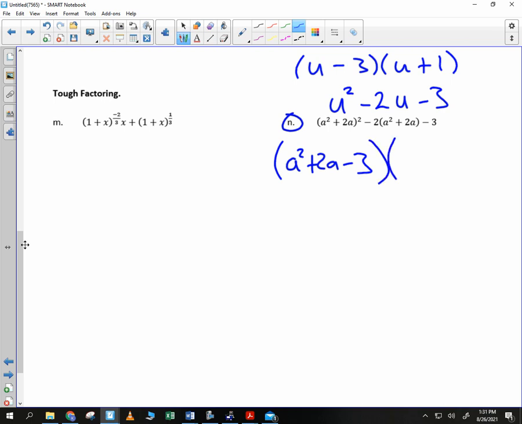Times what now? Good. Okay, hold on. Let me show you. This is that something, right? A squared plus 2a is the same thing there, right? So that's something minus 3. That's something plus 1.